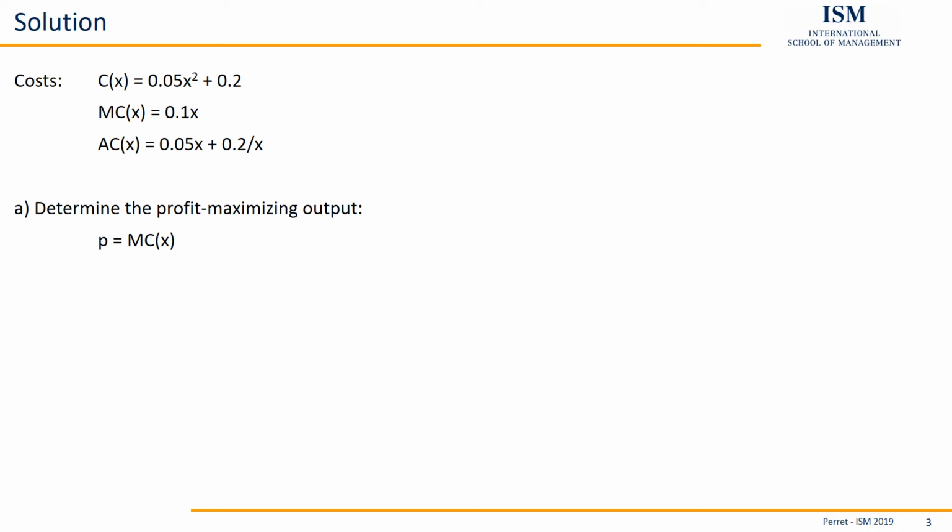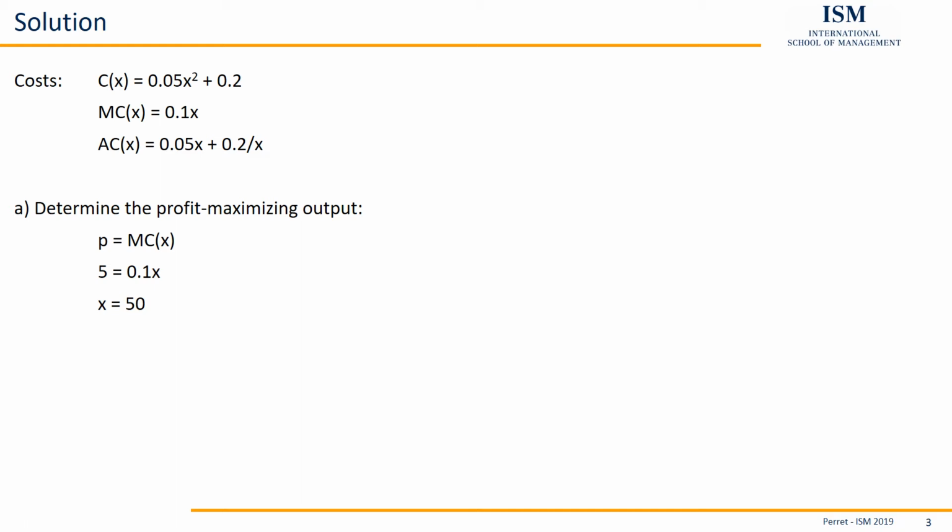So we set price 5 equal to marginal costs 0.1x, and we solve for x simply by multiplying with 10, giving us a profit maximizing output of 50.